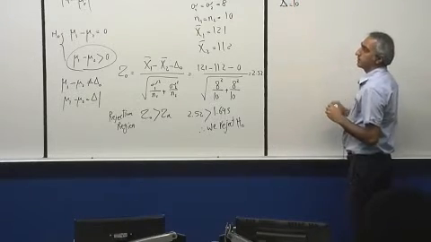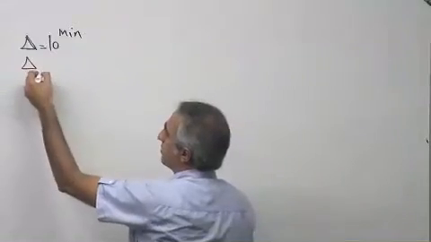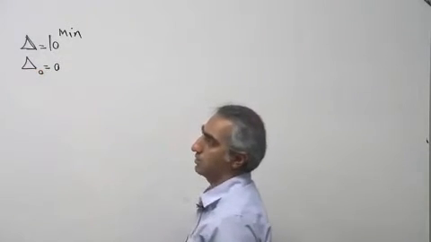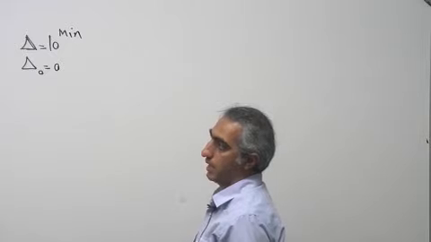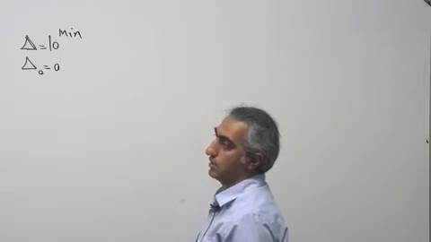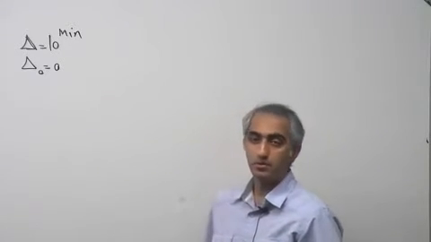And we know that delta 0 is 0 because this is under the null hypothesis. So what would be n if we want to gain 90% power?